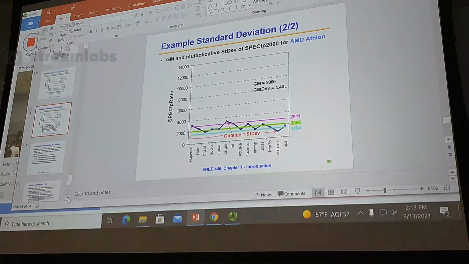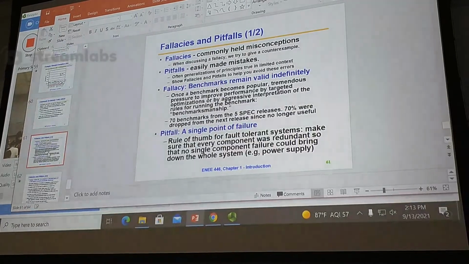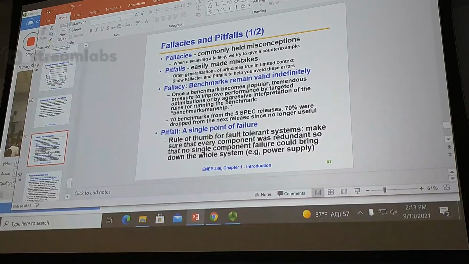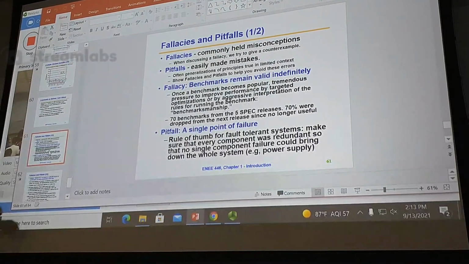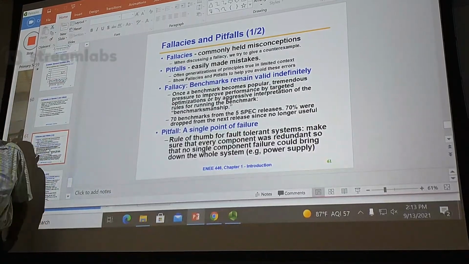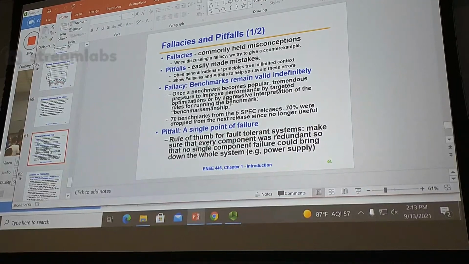Okay, now to summarize, every chapter in the book has what they call fallacies and pitfalls. Fallacies are commonly held misconceptions. Pitfalls are easily made mistakes.